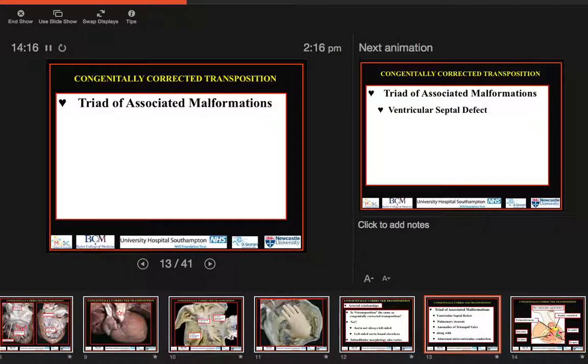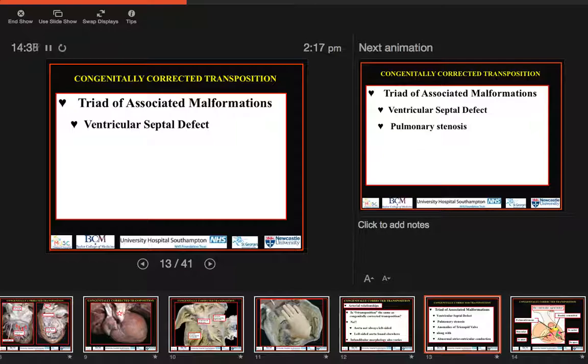And as I've already intimated, if the septal structures are intact, some patients can live a full lifetime and never come to medical attention. But more usually, there is a triad of associated malformations that serves to uncorrect what nature has been trying to do.